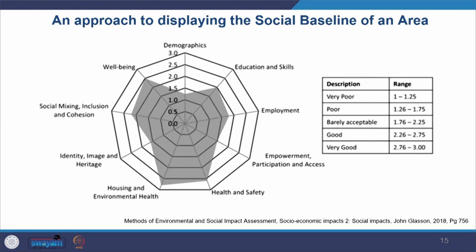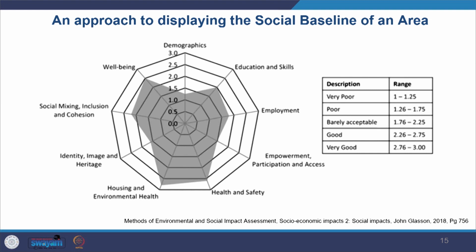Housing and environmental health are a little on the higher side, almost touching 3. Identity, image and heritage is considerably low, at 1.5. Social mixing, inclusion and cohesion goes above 2. Well-being is nearly 2.5, and education and skills is just 2.